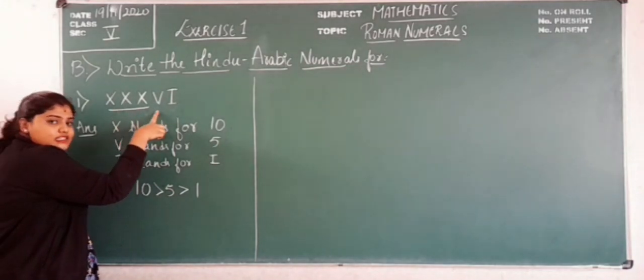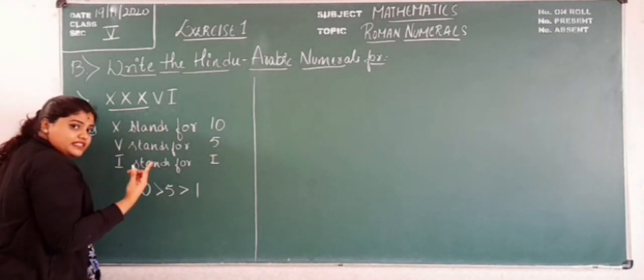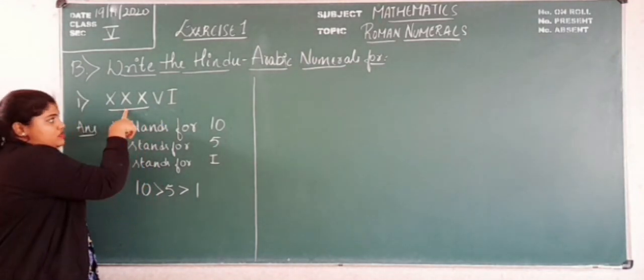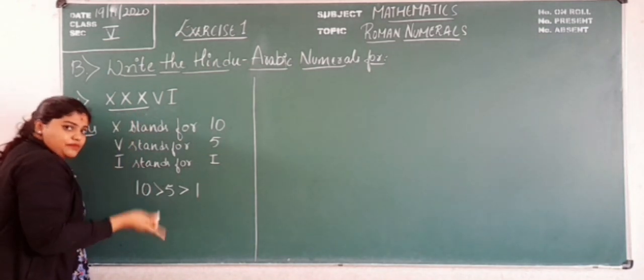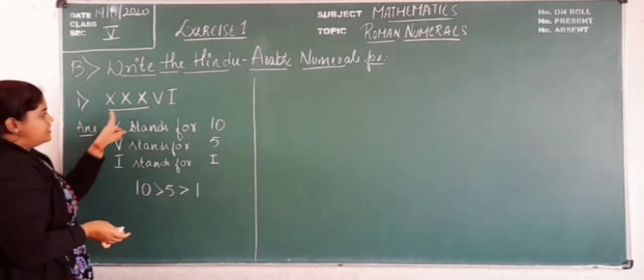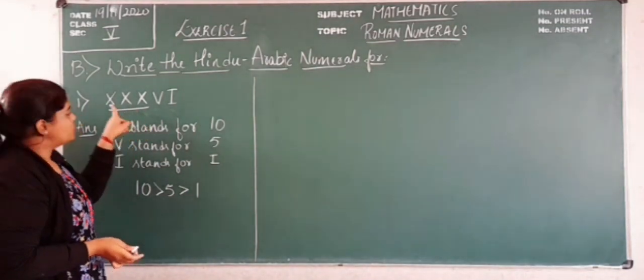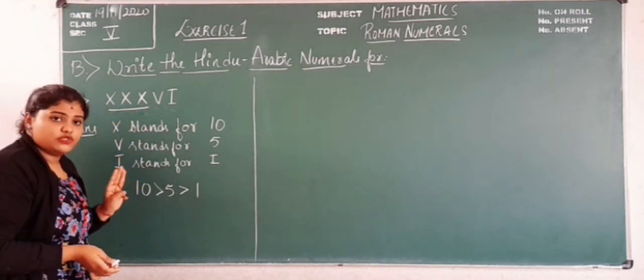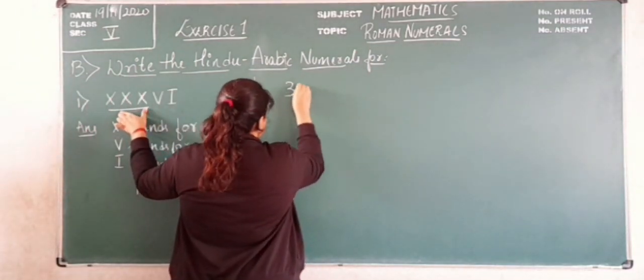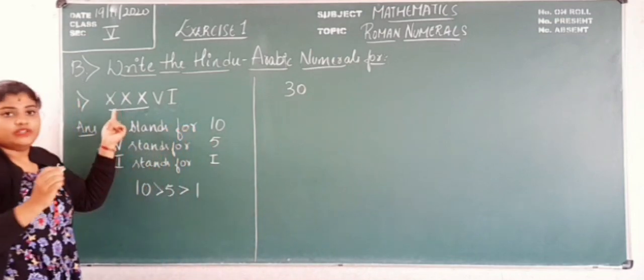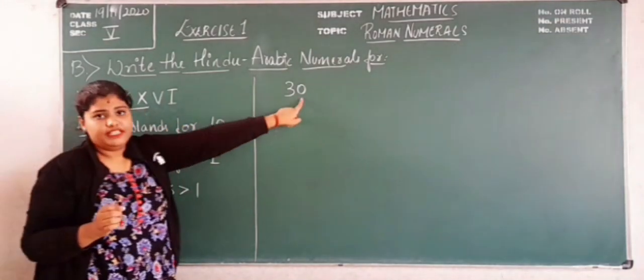When x is repeated 3 times, it is 30. The symbol x stands for 10. So in the place of XXX, I have written 30.